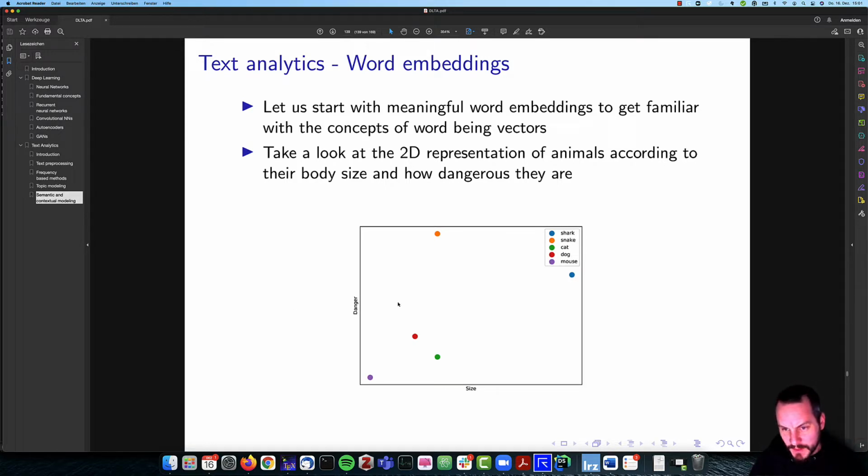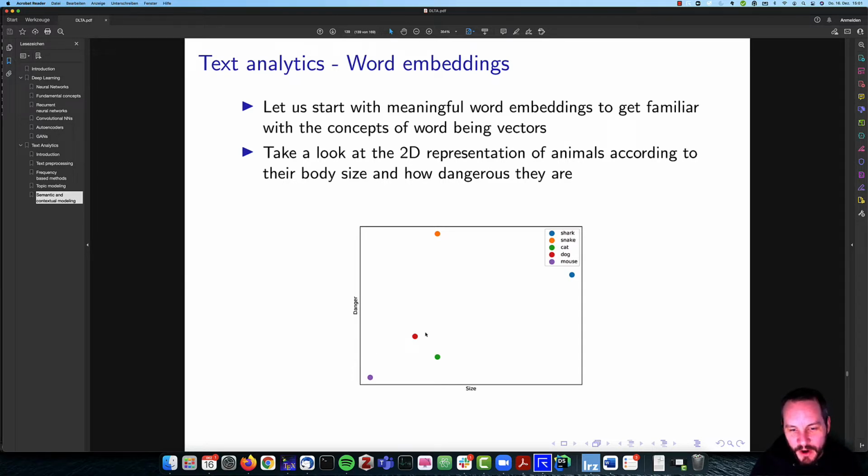So we have a mouse, a dog, a cat, a snake, and a shark. Obviously, the mouse is the smallest and is not really dangerous. Then maybe we have a cat, which on average is larger than a mouse, and also maybe a little bit more dangerous.